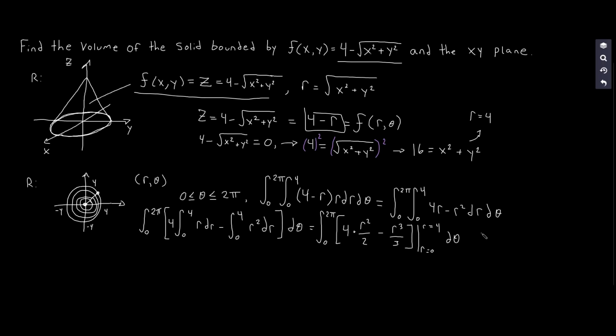So now I'm going to do the integral from 0 to 2 pi of 4 times 4 squared over 2 minus 4 raised to the third over 3.